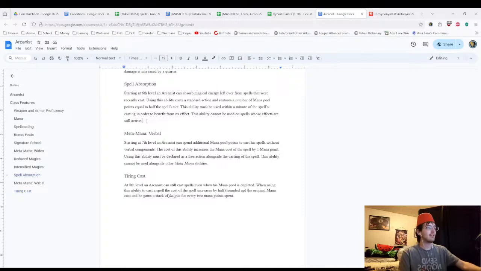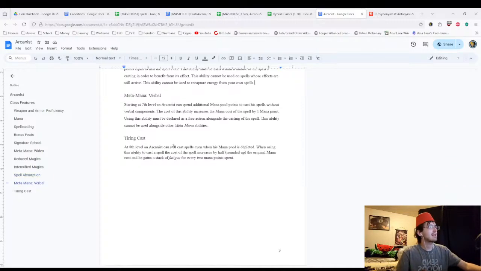I remember what I wanted for spell absorption. So spell absorption doesn't work on your own spells. There will be an improved version later where it does, and also where you just get more. So there's that.